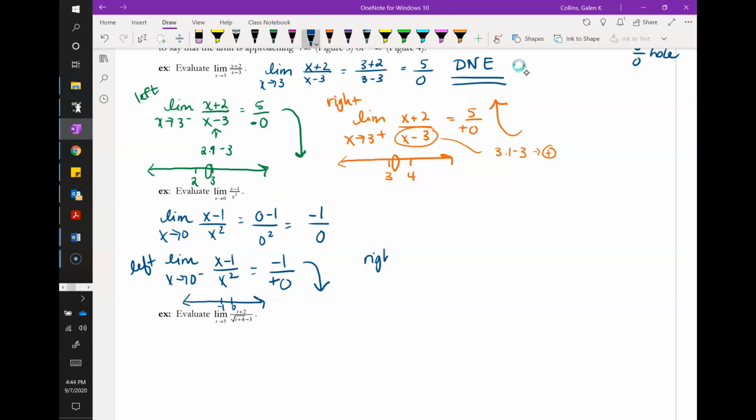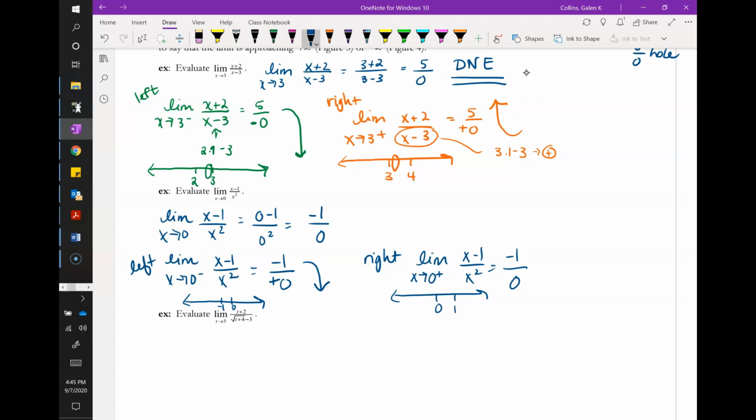All right, my limit from the right, so same thing, I'm going to keep my negative 1 over 0. The negative 1 never changes. But from the right, what's the number that's just to the right of 0 on the number line?